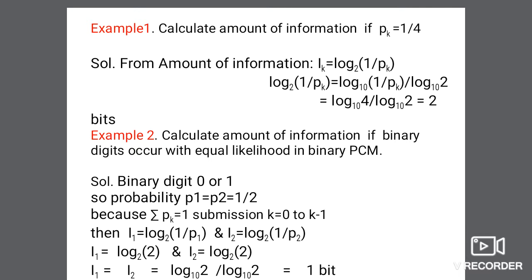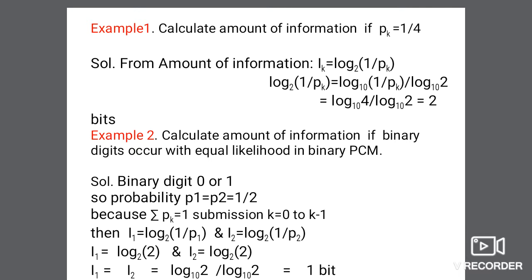From the previous lecture, Ik is equal to log base 2 of 1 upon pk. Here pk is 1 upon 4. Then log base 2 of 1 upon pk is equal to log base 10 of 1 upon pk upon log base 10 of 2.